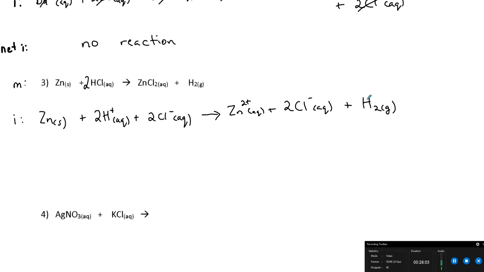Well, that's not the same as this diatomic hydrogen molecule. Those are not identical, so I can't cancel those. The only one that's absolutely identical on both sides is the chloride, the 2 chloride ions. So when I write out my net ionic, I'm going to write out everything that's left. There's only one spectator here.